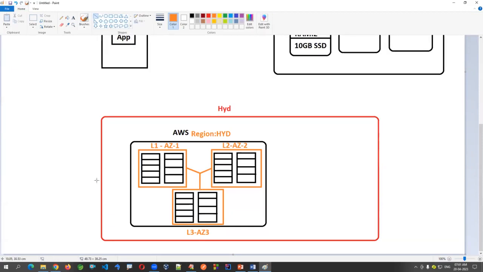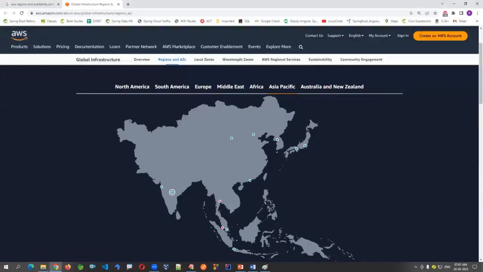We'll speak about why they separated like this. Generally a region comes with 3 to 4 availability zones and even more, but not less. If you keep the mouse over here, you can see this location has 3 availability zones. Beijing, you can see 3 availability zones. Hyderabad, you can see 3 availability zones.